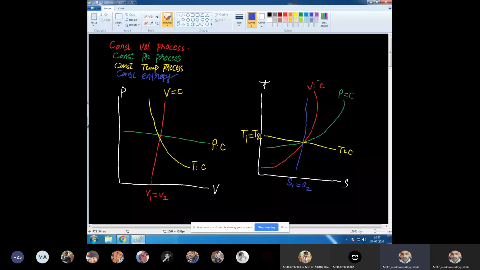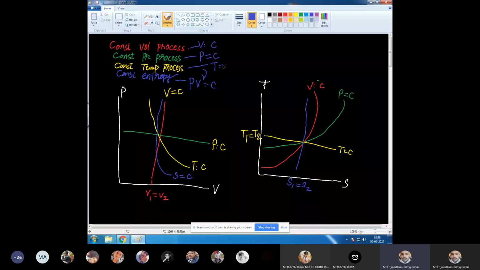And in PV diagram, it will be a curve like this, where S is equals to constant. This is the isentropic, or it is also called adiabatic. So the governing equation is PV power gamma is equals to constant. Here V is equals to constant, here P is equals to constant, and here T is equals to constant.